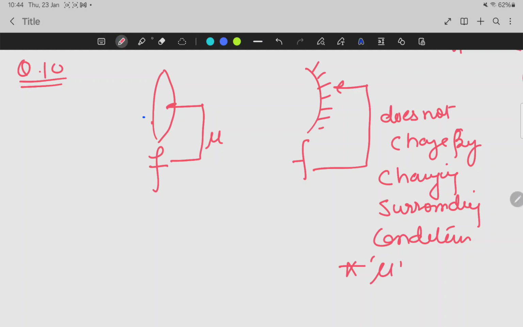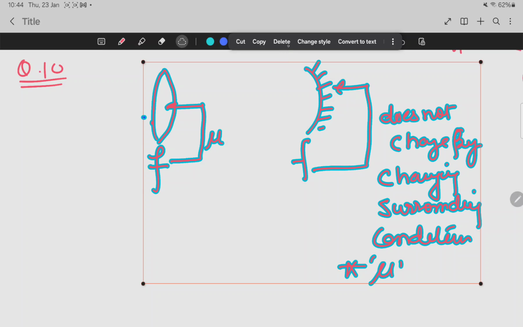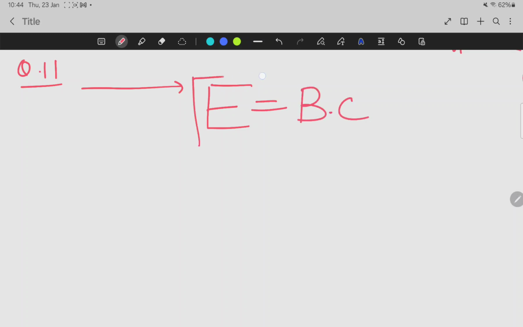Now the next topic that is very important is question number 11, electromagnetic waves. Better to remember a few formulas. Formula number 1 is E is equal to BC. This formula is very important.